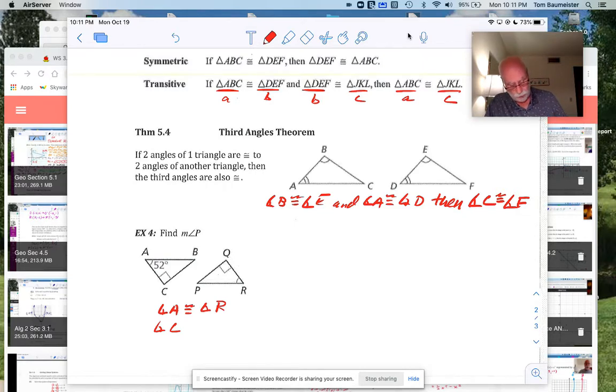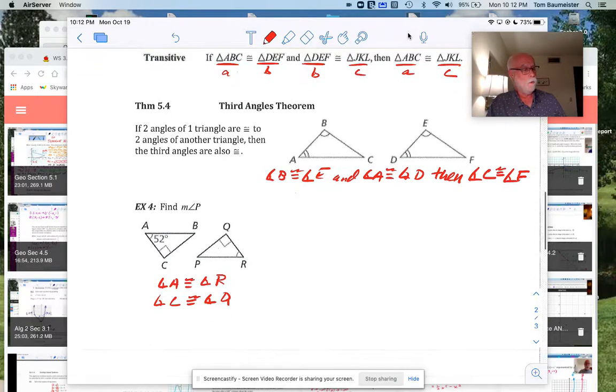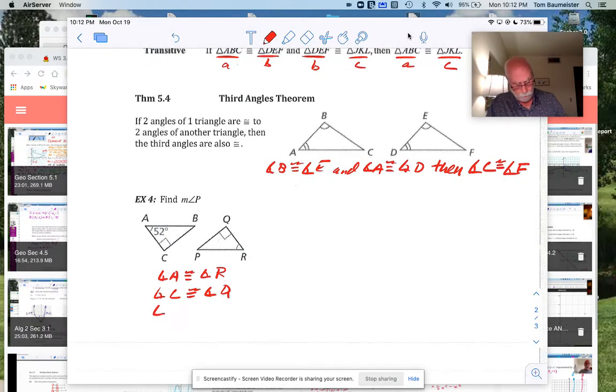We know that angle C is congruent to angle Q. So that means that angle B has to be congruent to angle P. So if that's the case, we know that the measure of angle B has to equal the measure of angle P.